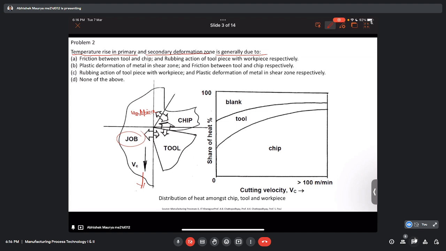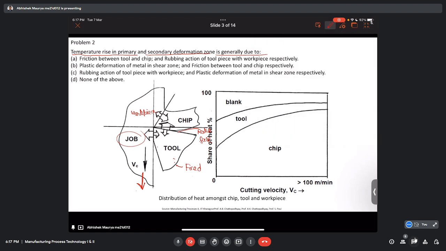We have rotated the diagram. Right now the workpiece is moving with a velocity vc downwards, and we can assume the tool is fixed. So there is a relative velocity between the workpiece and tool, which is vc. Again we can identify the faces. This is the chip, this is the rake face, and here it is the flank.